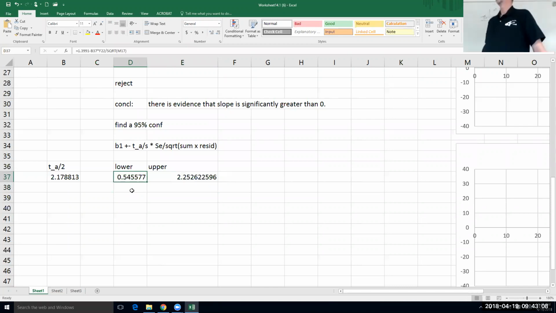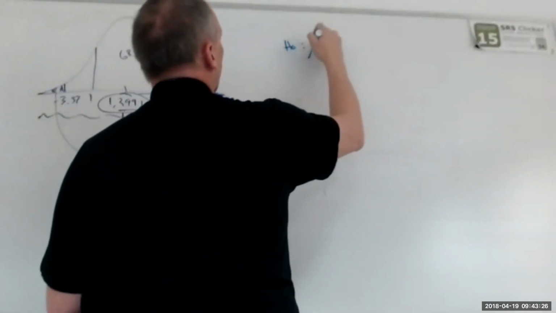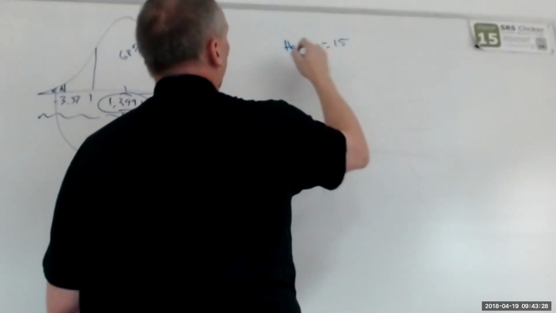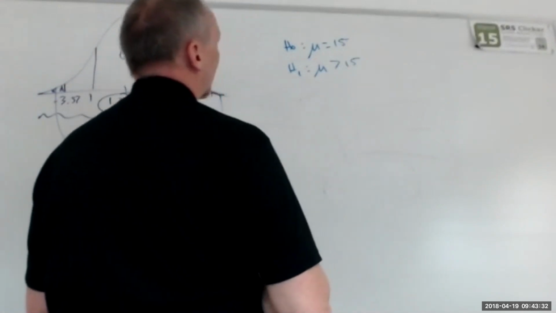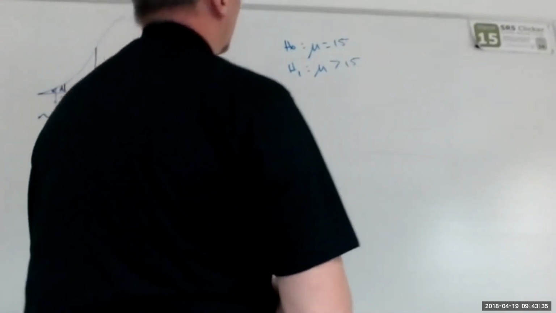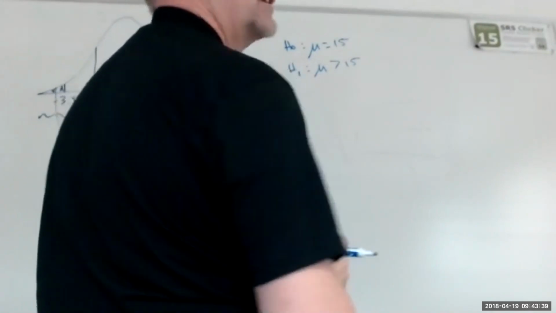So it's always significant if 0 is not in the interval. No, that's not true because it depends on what you're doing. Okay. Let's say that my null hypothesis is mu equals 15. My alternate hypothesis is mu is greater than 15. In that case, it's 15. Let me see how tricky I want to make this.